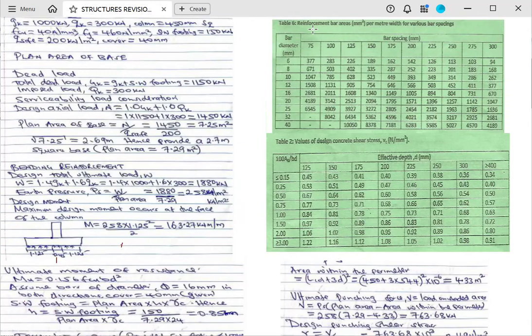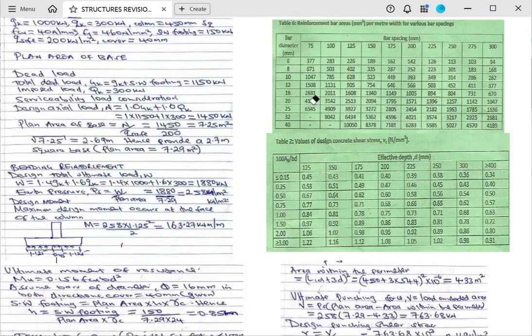You don't just make an assumption, but it must be among the given diameters. You cannot assume a 25 millimeter diameter. That will be an incompetent assumption. The diameter must be amongst the standard diameter sizes given. I hope that is okay.